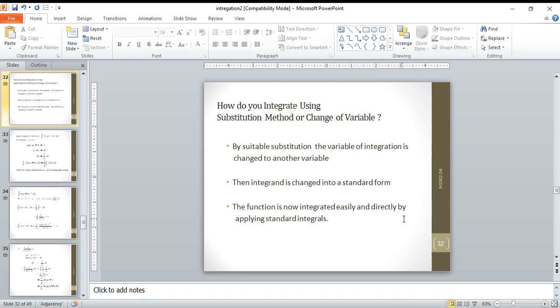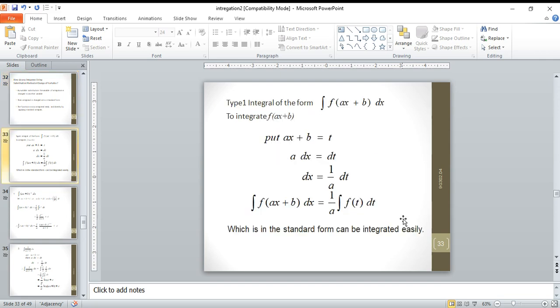By a suitable substitution, the variable of integration is changed to another variable. Then the integrand is changed into standard form. The function is now integrated easily and directly by applying standard integrals.